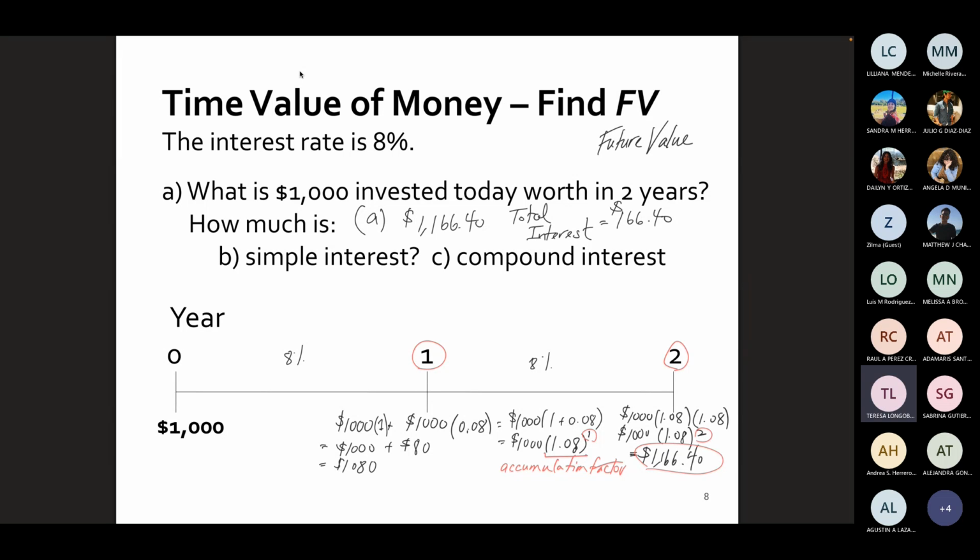Now, part of that is found as just taking $1,000 times 8% for 2 years. That's a simple interest, which is 160. Well, if you do the math, that's 80 times 2, right? It's 160.